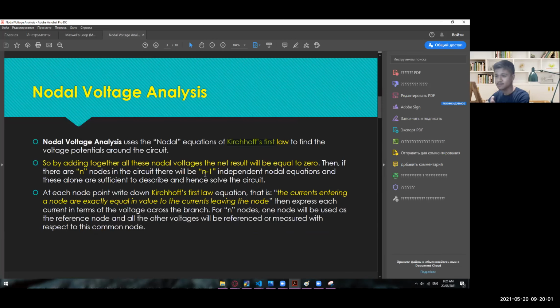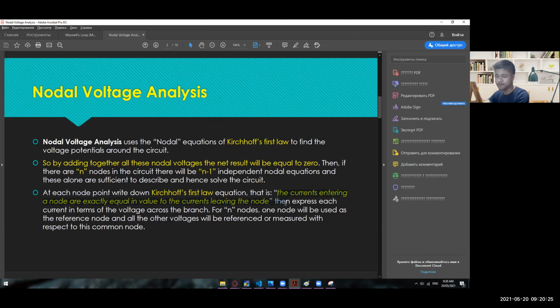Okay, so nodal voltage analysis uses the nodal equations of Kirchhoff's first law, or the KCL, to find the voltage potentials around the circuit. So by adding together all these nodal currents, the net result will be equal to zero, from the first node to the second node to the third node and so on. At each node point, write down Kirchhoff's first law equation.